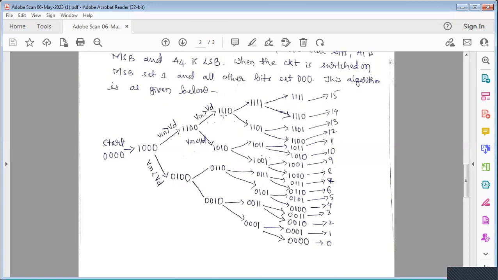Next, we are coming here. Again, same thing: Vin greater than VD and Vin less than VD. Two conditions. When Vin is greater than VD, we have to set the next bit. So this is the next bit that we have to set, so it has gone 1. And when Vin is less than VD, we have to reset the set bit.